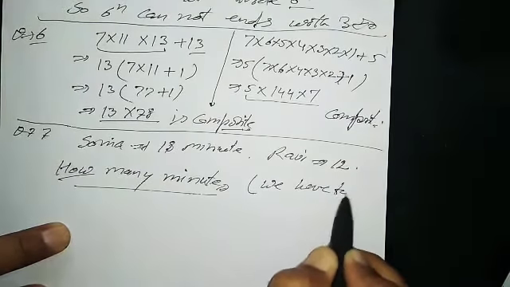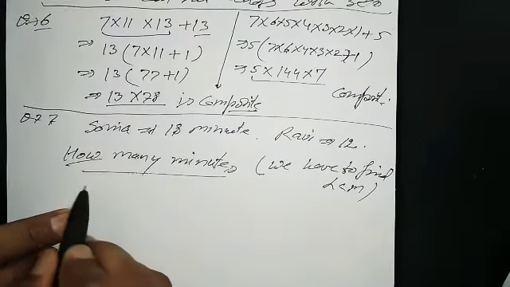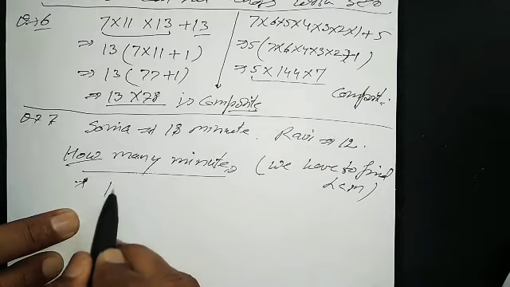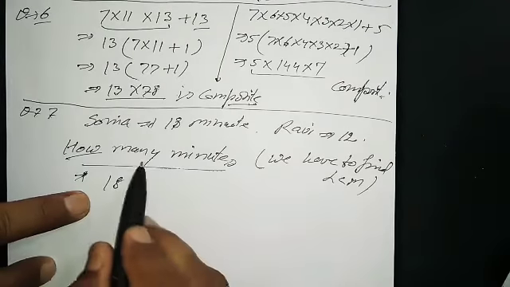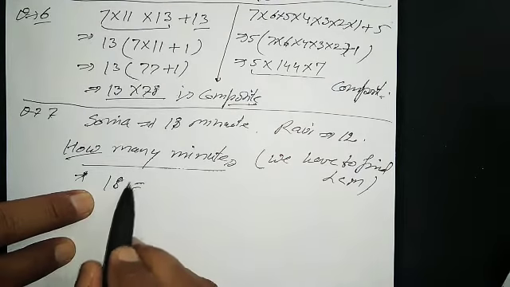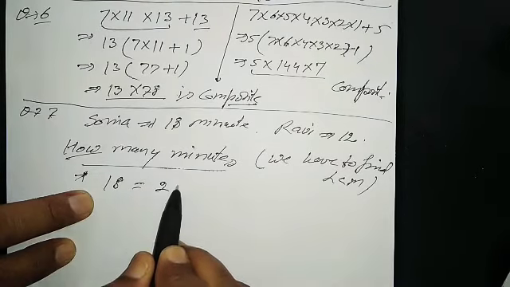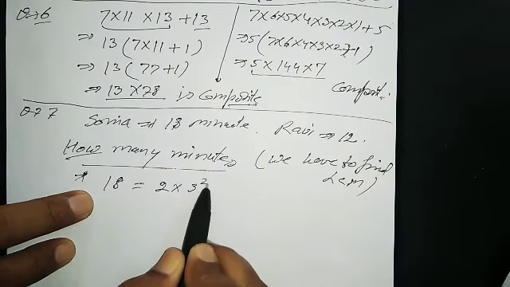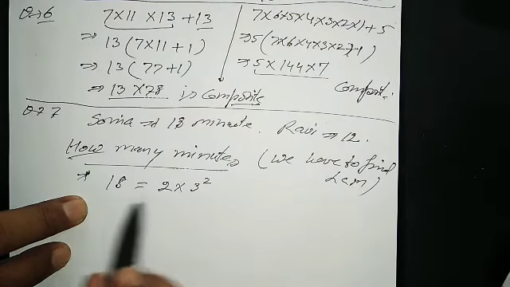I think you remember that a lot of questions on ringing bells are given in the 6th and 7th standards. 18 can be written as 2 multiplied by 3 power 2, a product of prime factors.